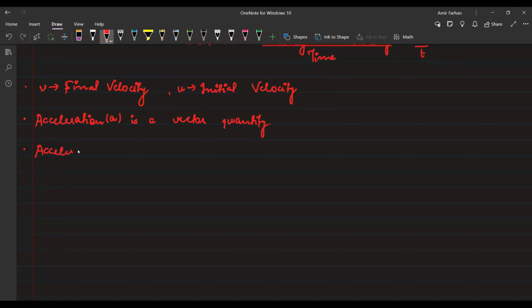Acceleration can be positive. First of all, we write 0, negative, and positive. As it is a vector quantity, it can be negative as well as 0 for a moving body. Clear, children?